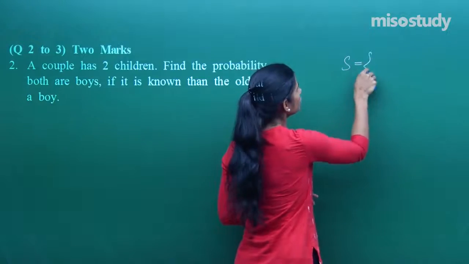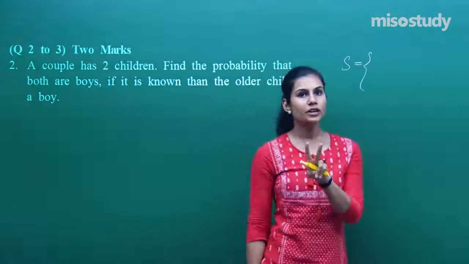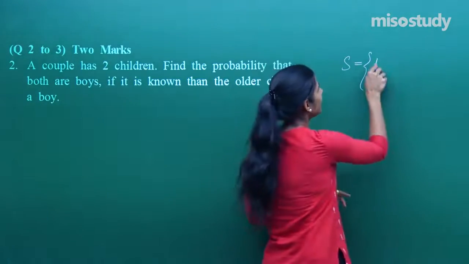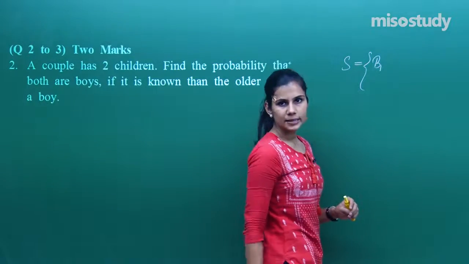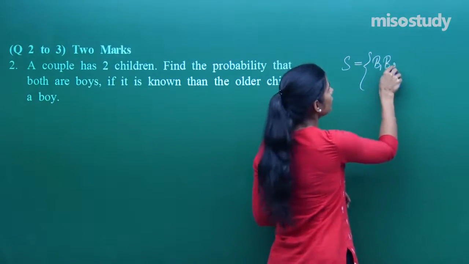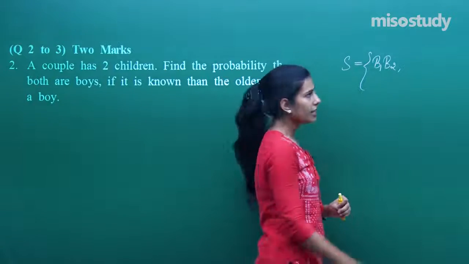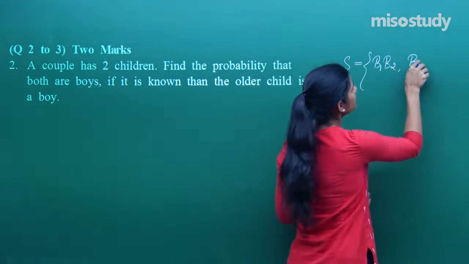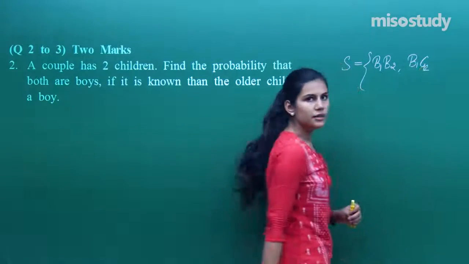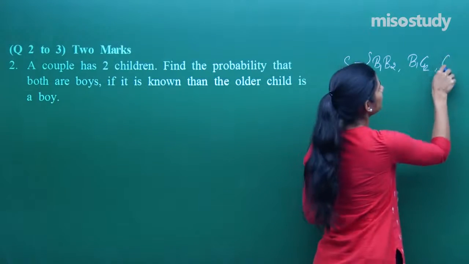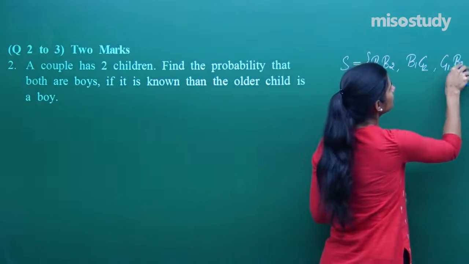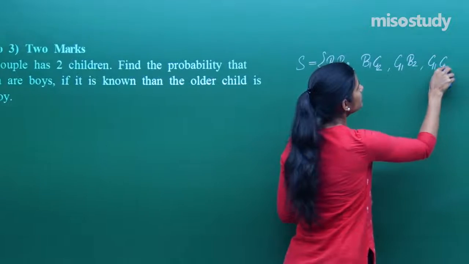Sample space, what would that be? 2 children are born. It can happen that first child is a boy, second is also a boy. Or first is a boy, second is a girl. Or first is a girl, second is a boy, or first is a girl, second is a girl.